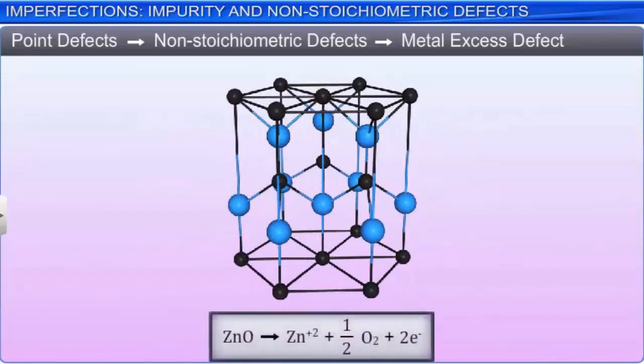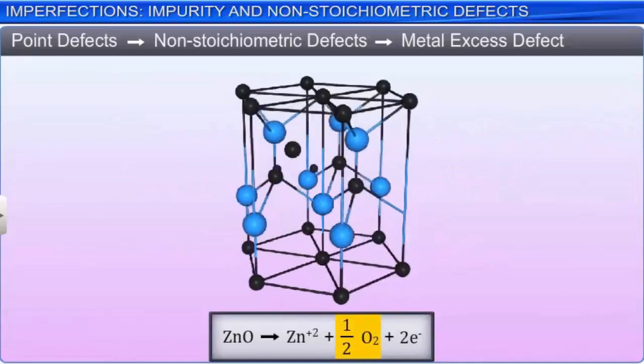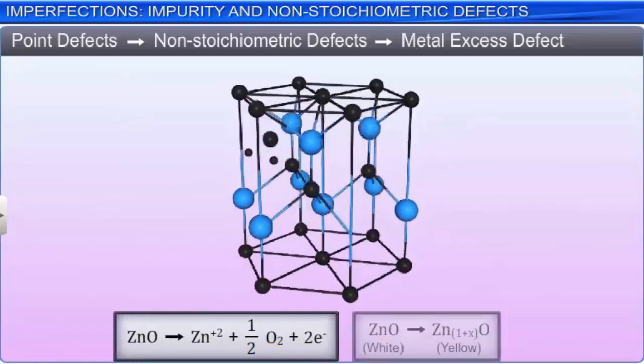On heating, it loses oxygen and turns yellow. Now there is an excess of zinc in the crystal and its formula changes from ZnO to Zn(1+x)O. The excess zinc 2+ ions move to the interstitial sites and the electrons to the neighboring interstitial sites.